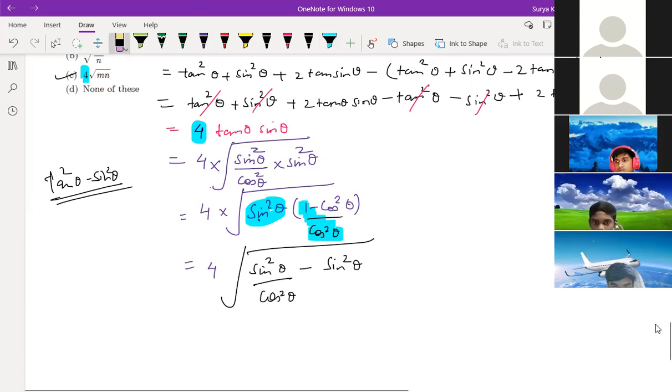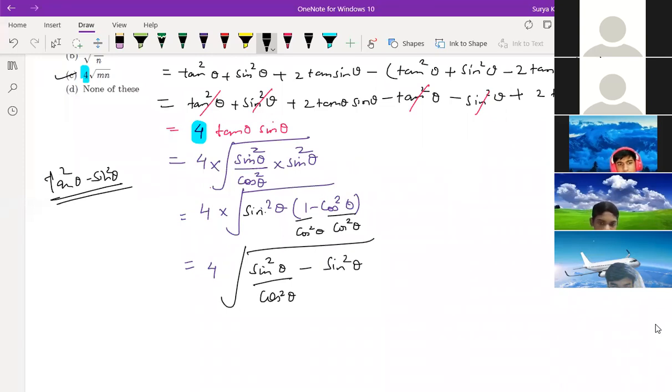So children will understand tan theta plus sine theta into tan theta minus sine theta. Here cos square theta is there, and here also cos square theta is there, so don't get confused. Sine theta is going to multiply with the first part and the second part also. So 4 root over tan square theta minus sine square theta. Now the answer is 4 root mn.